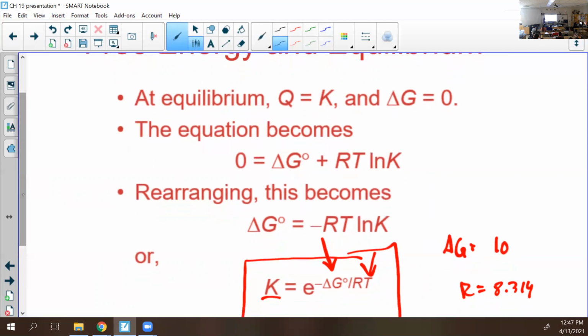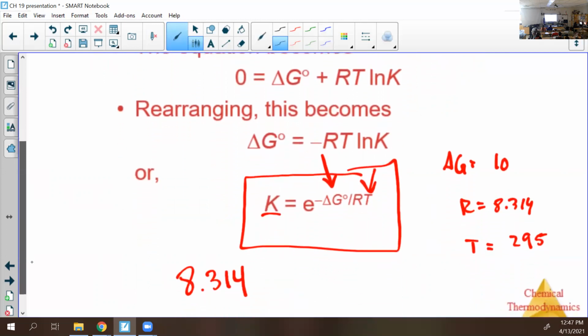Rearranging this comes to this math, which kids get super wrong. But then you can solve for K. K is equal to E raised to the negative delta G naught over RT. Once again, that's how you should memorize that.